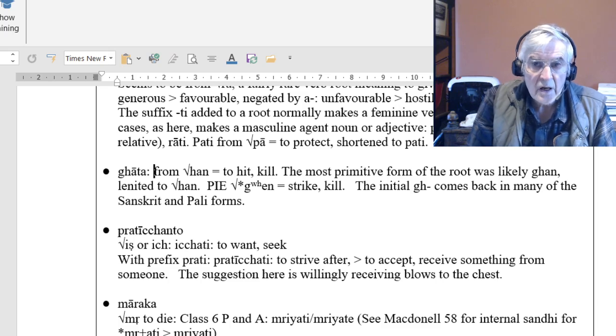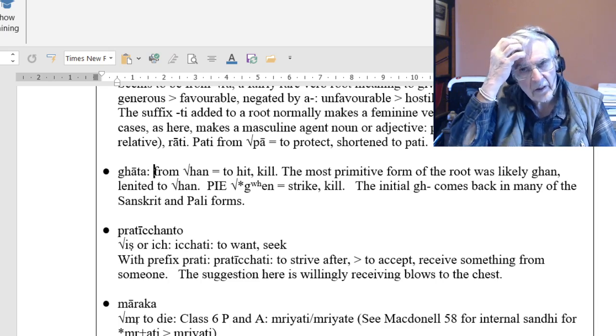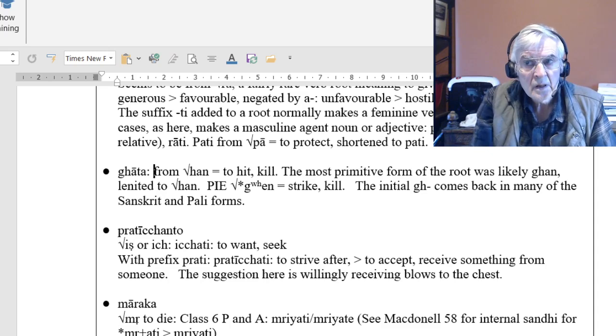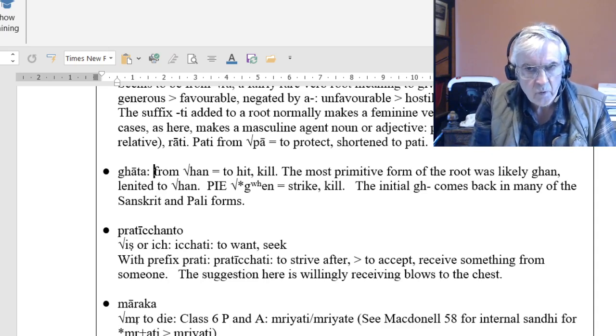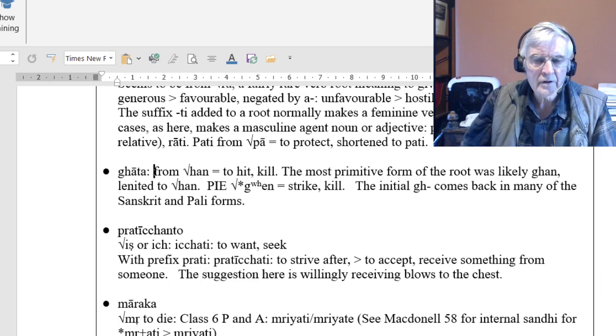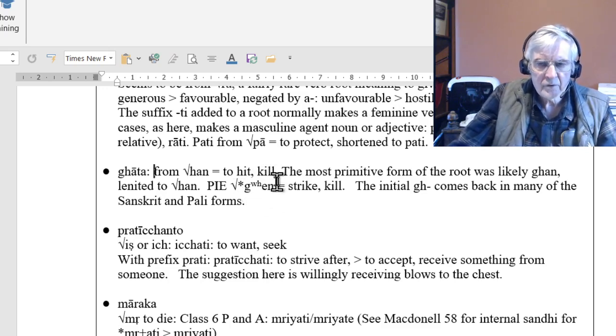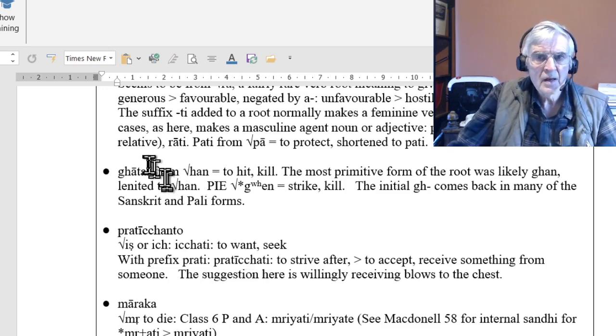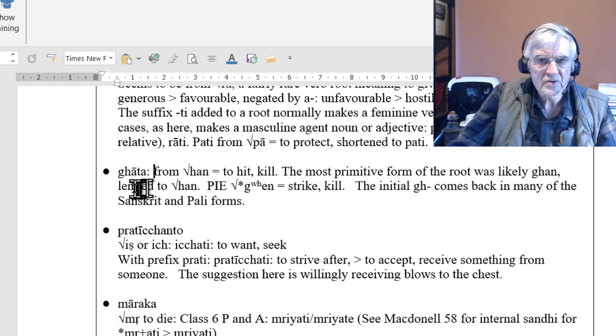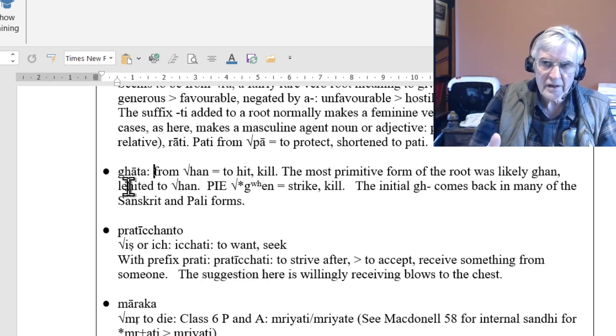That's because in an earlier form of the language, in a pre-Vedic, it was a gwa, and we know, or have reconstructed, the Proto-Indo-European root as gwen. The dhatu form in Vedic and Sanskrit is han, but with the g coming back in certain cases. And one of those cases is the verbal noun ghata, meaning a striking or a hitting.